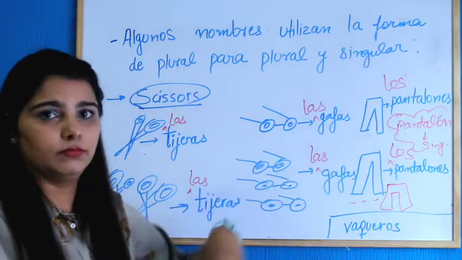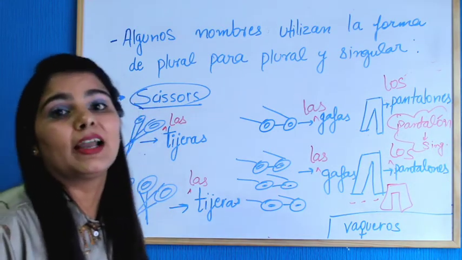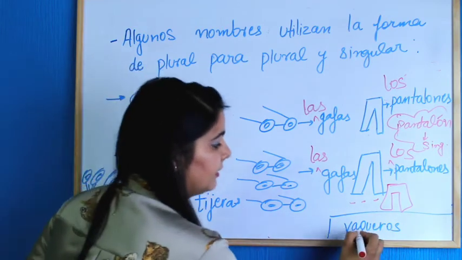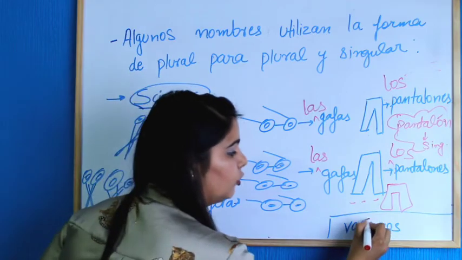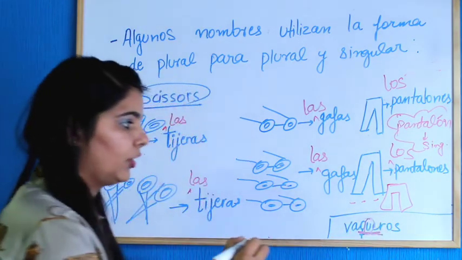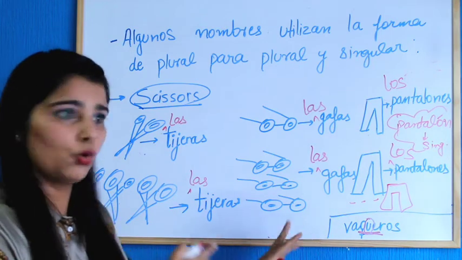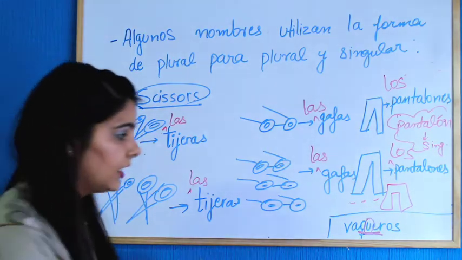It's actually the pants. If you want to say jeans, you can say vaqueros, okay, vaqueros. Again, this is giving the K sound because U is silent after Q. I will talk in detail about this rule, but for now it's not vaqueros with a V sound, it's vaqueros. I'll tell the rule in the next class.